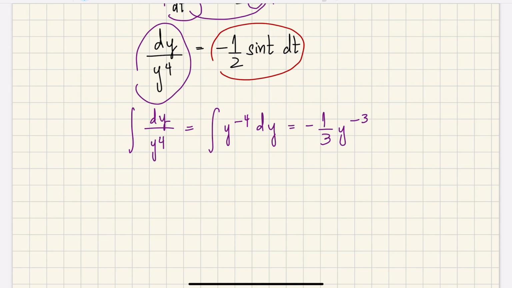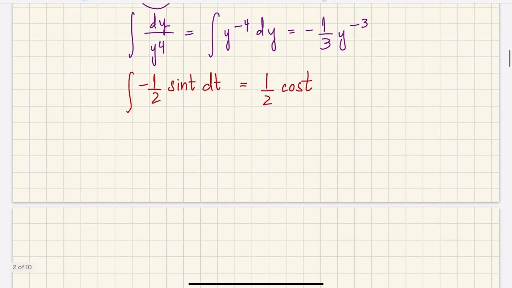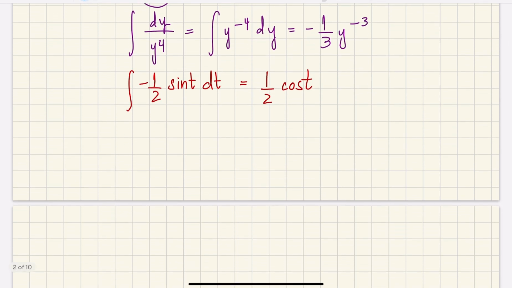For our friend right here, we have the integral of negative 1 over 2 sine t dt, which is 1 over 2 cosine t. Equating these, we have negative 1 over 3 y to the negative 3 is equal to 1 over 2 cosine t, and we add a constant of integration.